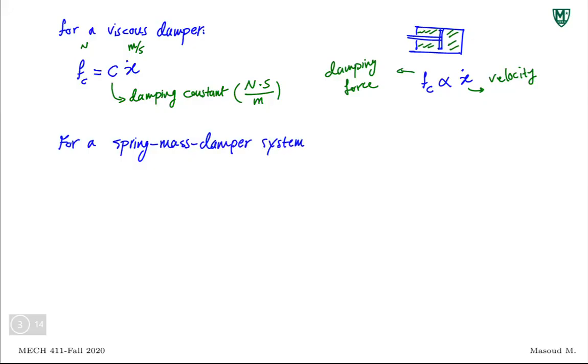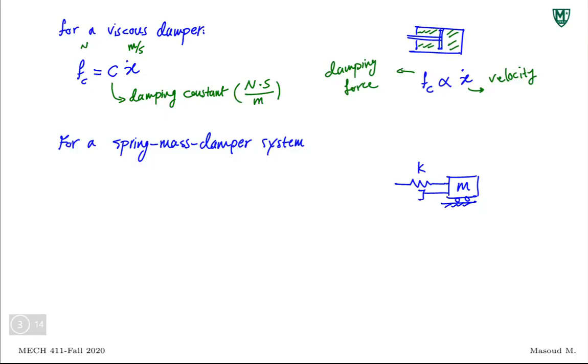If I have a mass there, that's what we always do. We figure out how the motion happens for the simplest form of the system, and then we start from there.